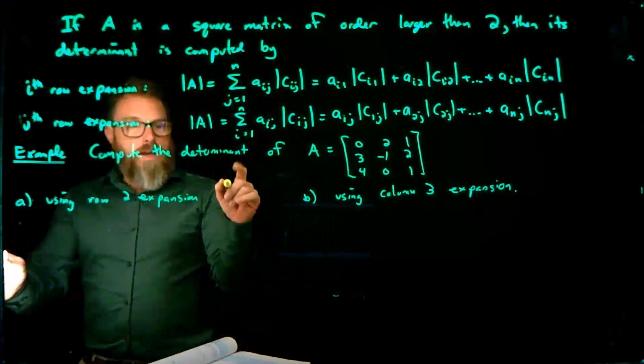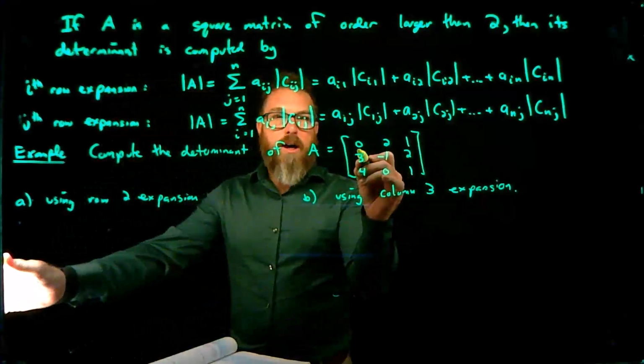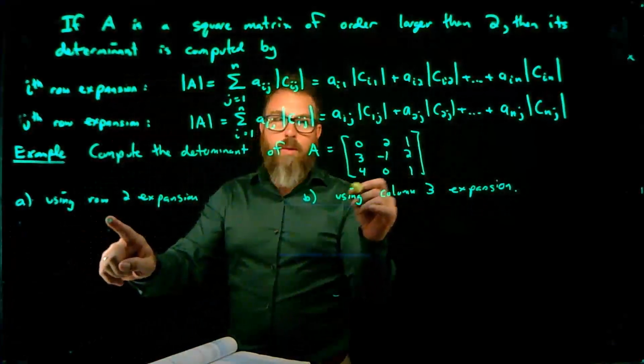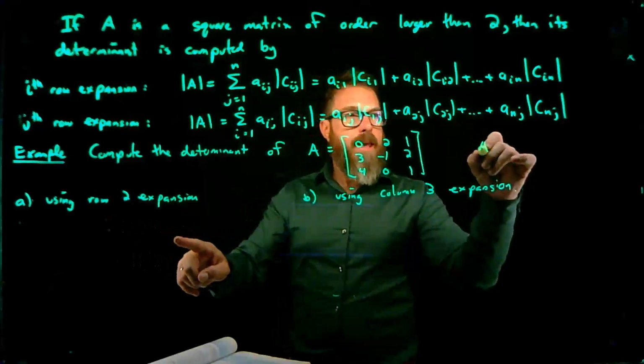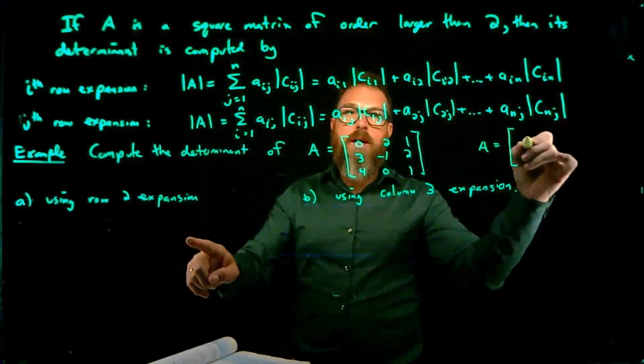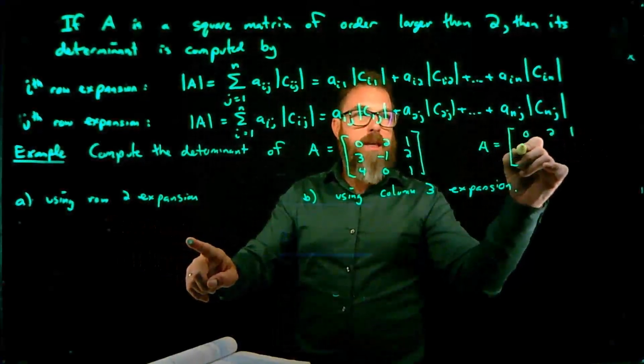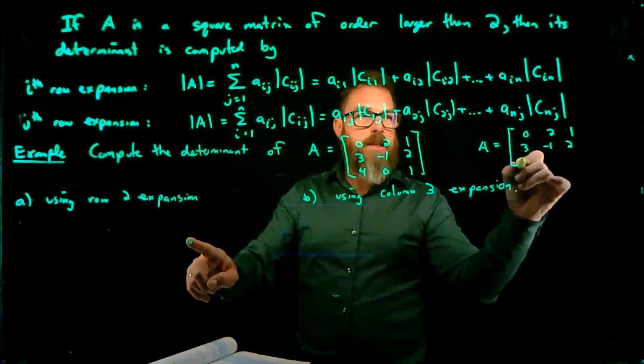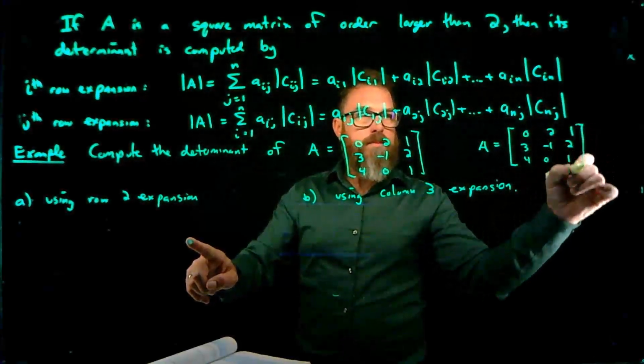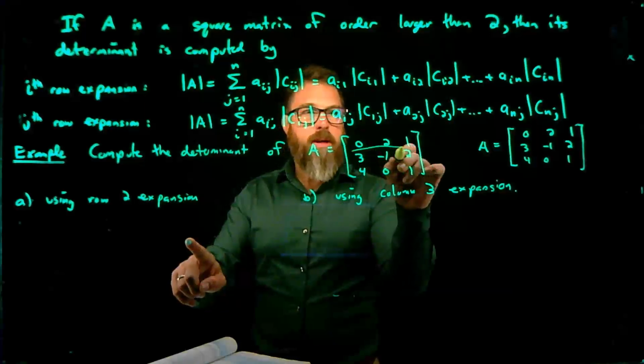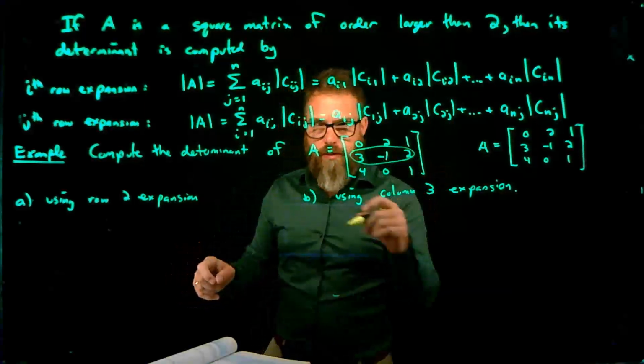So when we go after this, first we're going to do the second row expansion. I'm going to write A right next to it, so then when I do a column as well, it won't look as messy. So first we're going to do this expansion here. We're going to do a second row expansion.